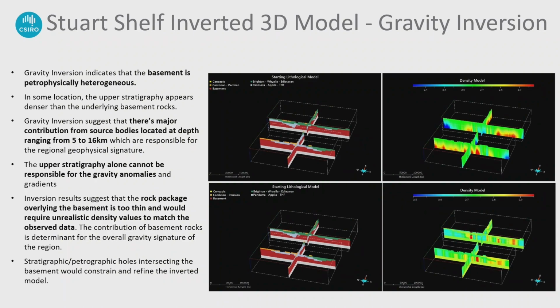So if you try inversion with a homogeneous basement, and we tried that in the past, it just doesn't work. And also that the basement at times is less dense, so 2.65 to over 3 grams per cubic centimeter, is less dense than the overlying units. For example, you might have a felsic intrusion.